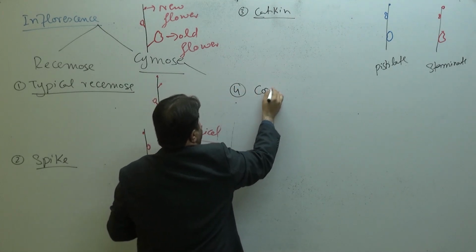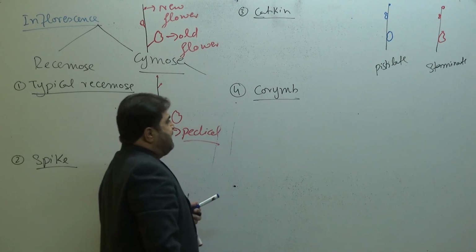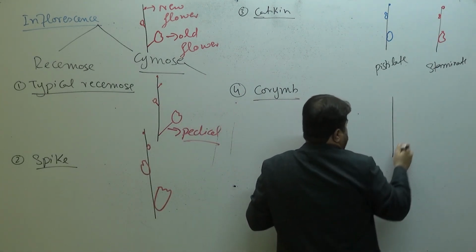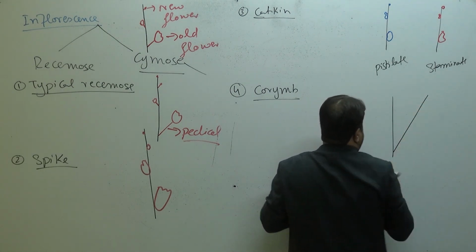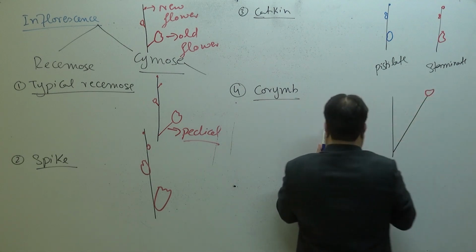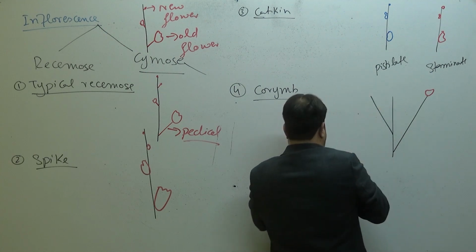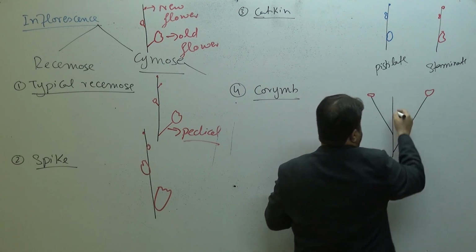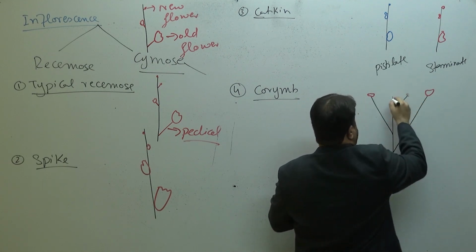Next one is called corymb. What happens in corymbs? According to the corymbs, the old flower pedicels are longer than the new ones. So all of them are arranged in the same row.